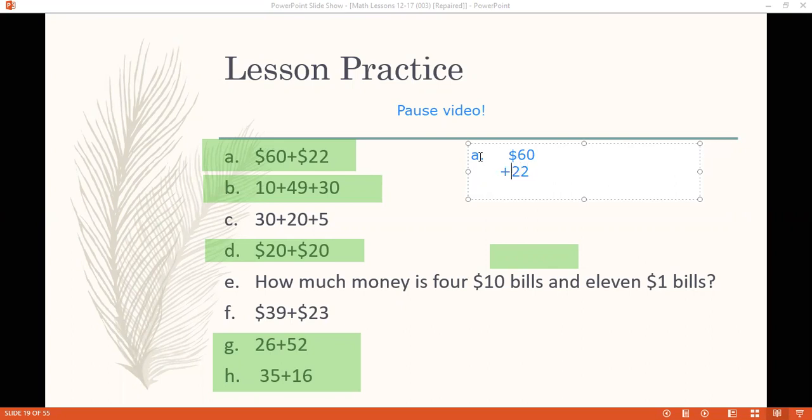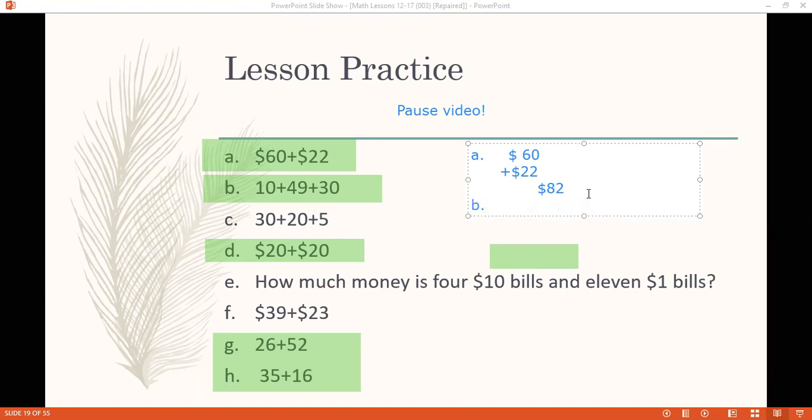I can't make my dollar sign. Oh, yes, I can. All right. 60 plus 22, what is 0 plus 2? It's 2. And what is 6 plus 2? It's 8. So if you have 82 for number A, phenomenal job, making sure that you always box your answer and you add your label, which is going to be the dollar sign.